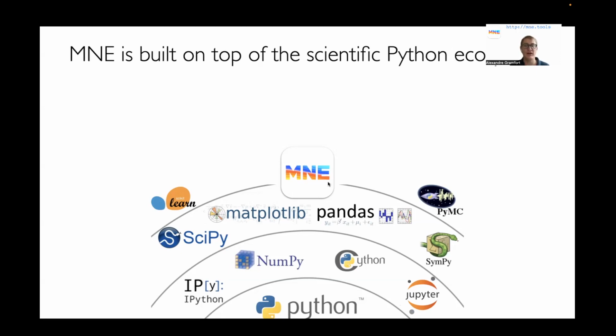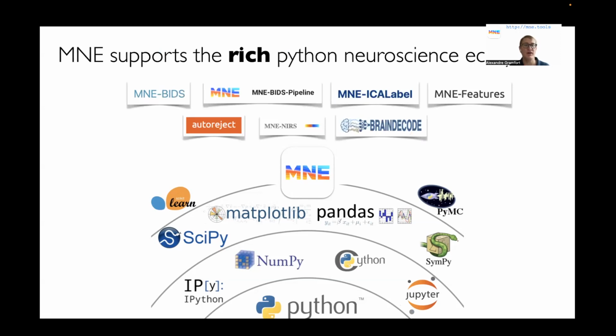And also very importantly, since MNE was started, it was also the source and the foundation for new projects in the Python neuroscience ecosystem. MNE-BIDS, which I will illustrate in a minute, MNE-BIDS pipeline, which is also something I will come back to, but many more. MNE-ICALabel, which is a tool to automatically label ICA components using machine learning.